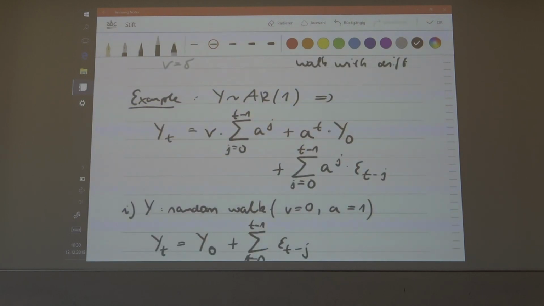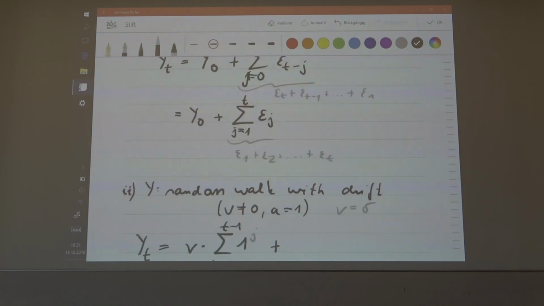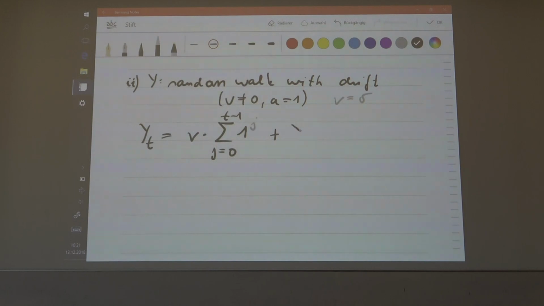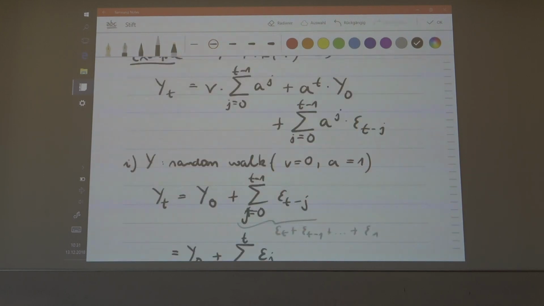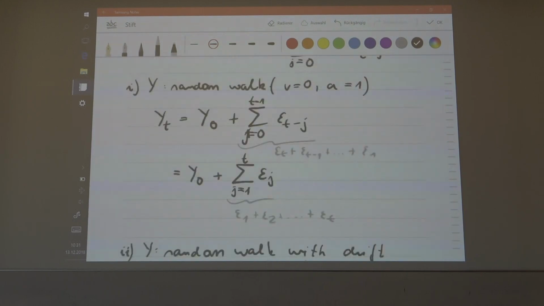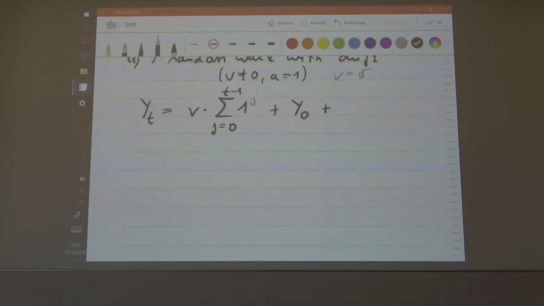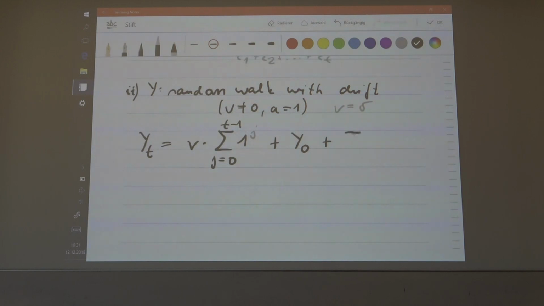So a to the power of t times y0, and of course if a is equal to 1, then you have 1 to the power of t, which is just equal to 1, so you have just the starting value, of course. Okay, so the starting value, and then this thing changes to that one. And that is something that we've already seen, so you don't need to look at that anymore.